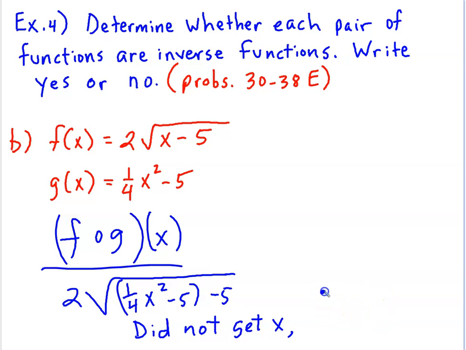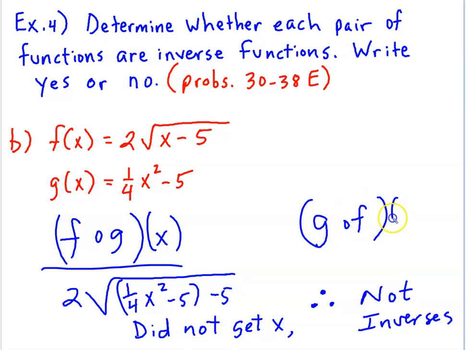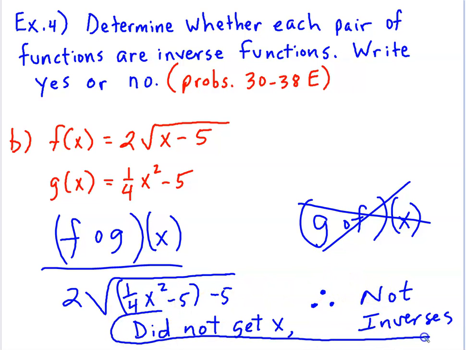Therefore, and if you want to say therefore in math, it's like a triangle with these 3 dots, this is going to be no. At this point, you don't have to do the g of f, because you have to get x in both cases for them to be inverses, so this one's not necessary to do. You're done. Here's your answer. And that's a good explanation for the answer.